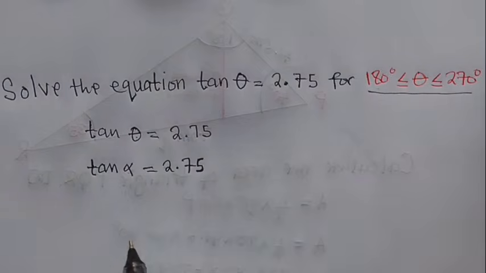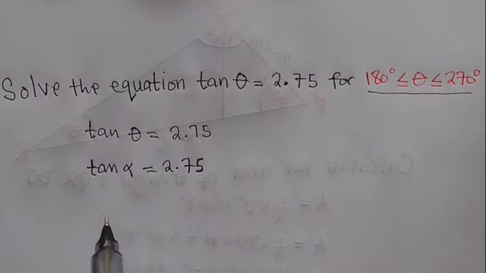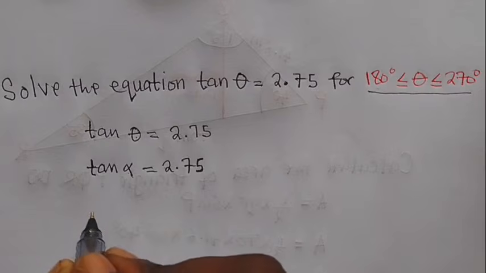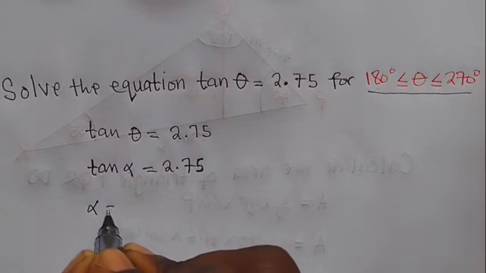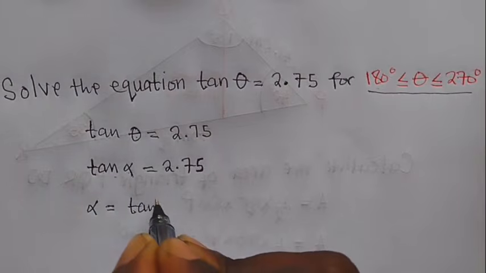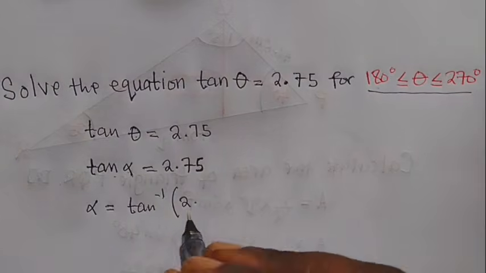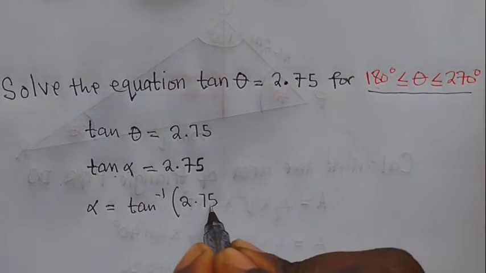We need to find the value of this basic angle. When we find this value of the basic angle, it will help us to find the value of theta. So alpha is equal to tan inverse of 2.75.